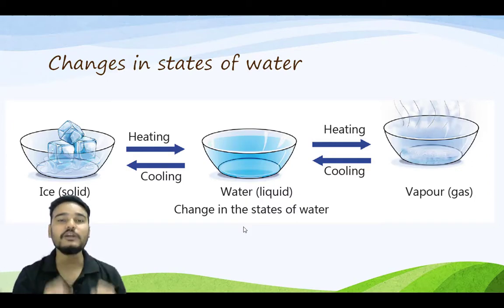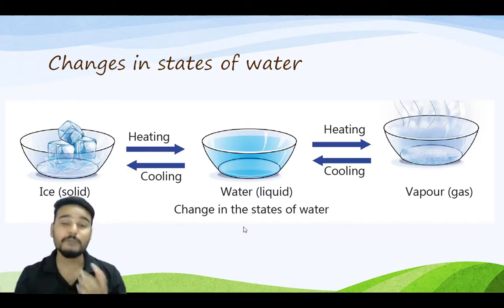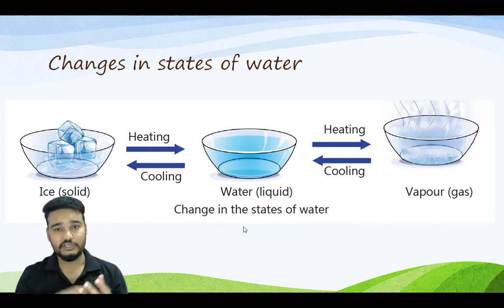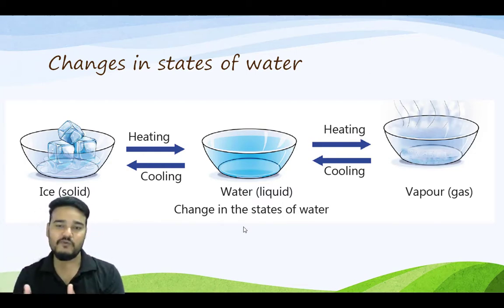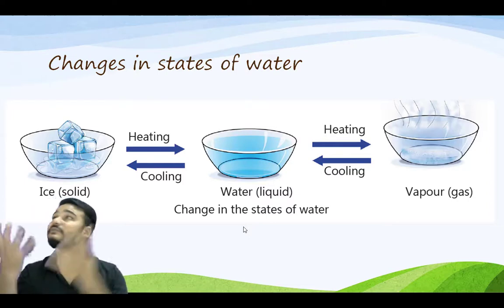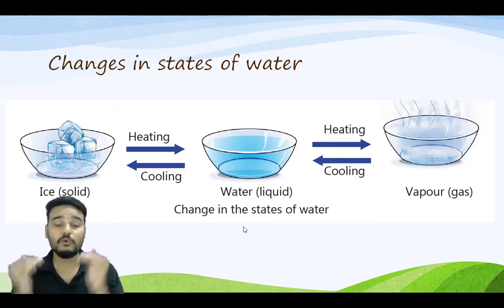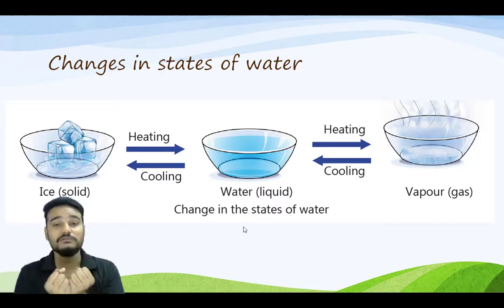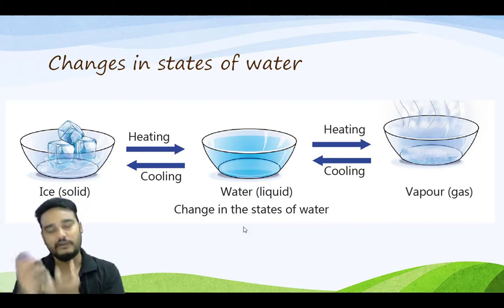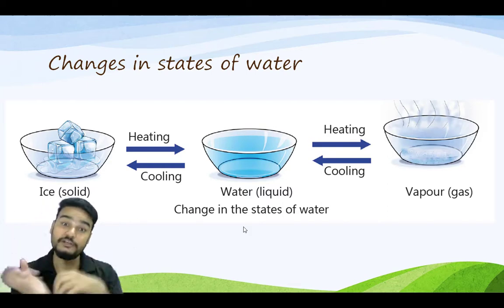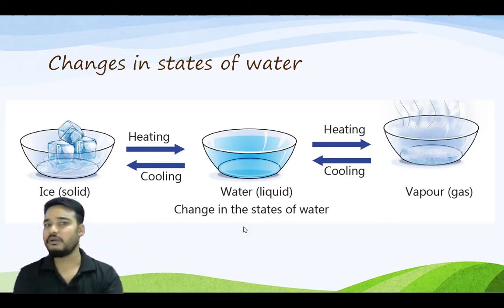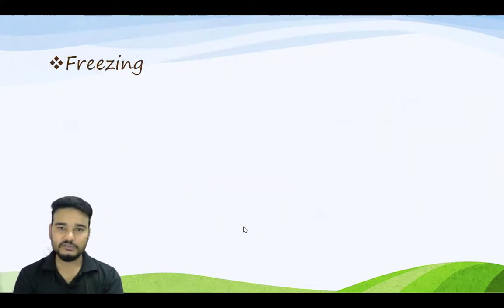So how does ice change its state? When we heat ice, solid water, it will become liquid form, that is water, and when we heat it further, it will become water vapors and go away. Or when we hold water vapors and cool them, they will become water, and when water is cooled further in a fridge or something, it will again become ice.